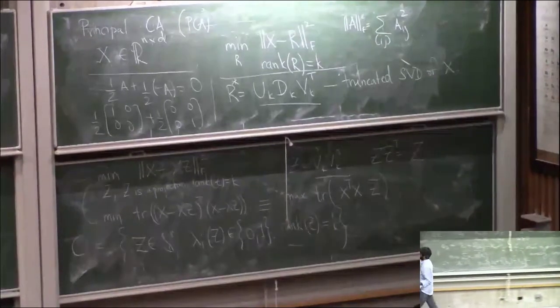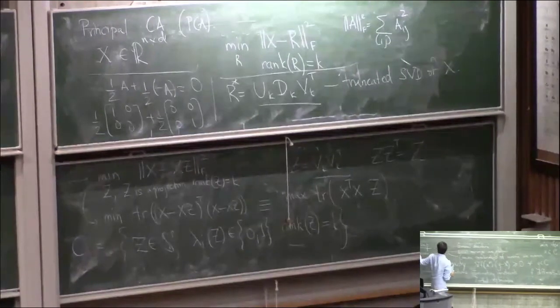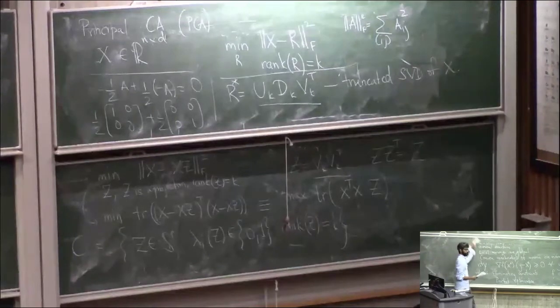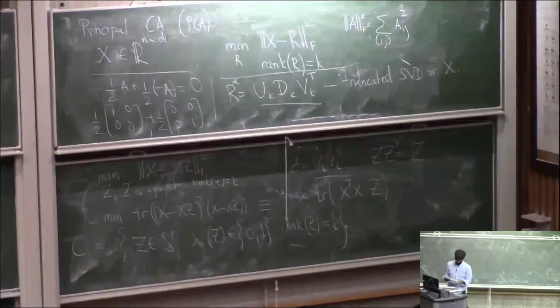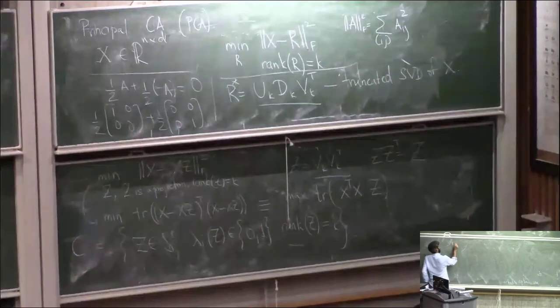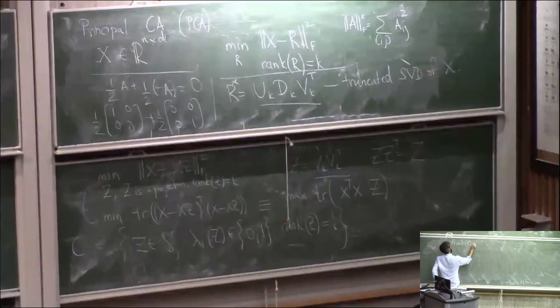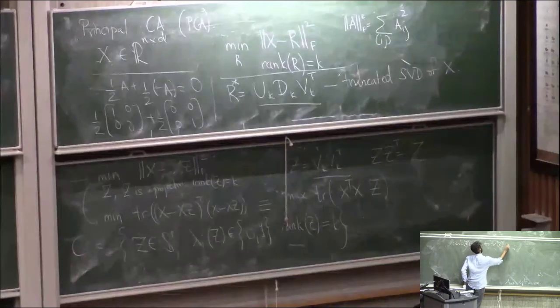I'm just writing out in math all those things I wrote in words. Now since all the eigenvalues are either 0 or 1, the rank of Z being equal to K is the same as the trace of Z being equal to K. Since every lambda is either 0 or 1, the sum of the eigenvalues is the same as the number of non-zero eigenvalues. So these two things are the same.